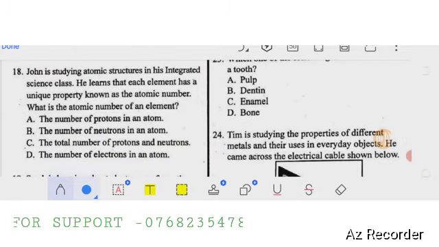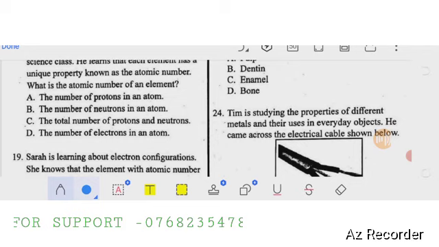Question 18. John is studying atomic structures in his integrated science class. He learns that each element has a unique property known as atomic number. What is the atomic number of an element? It's the number of protons in an atom. Remember, atomic number equals number of protons equals number of electrons.